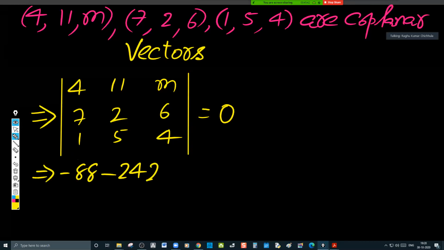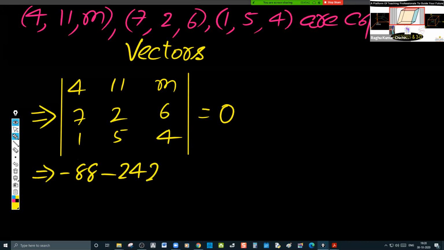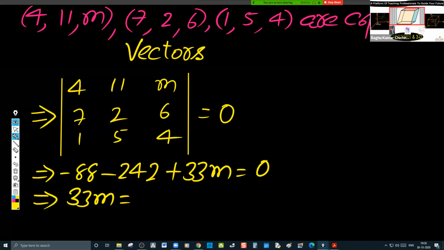So 33m is equal to 0. So you will have 33m equal to, how much is this? It is 330. And your m is nothing but 10.